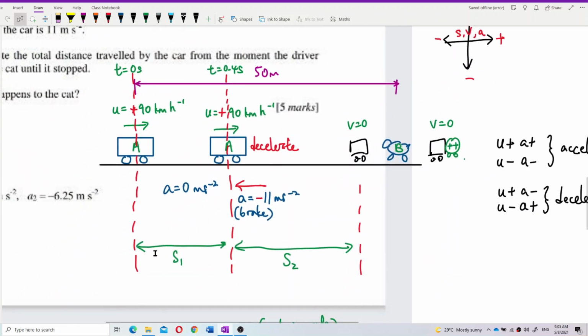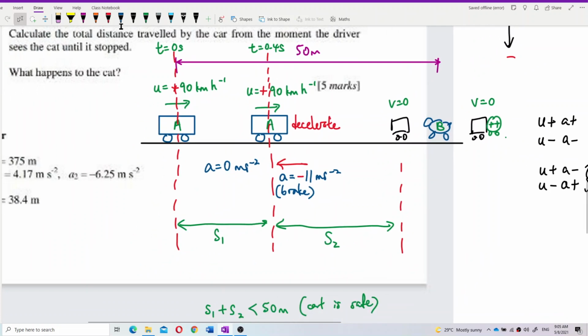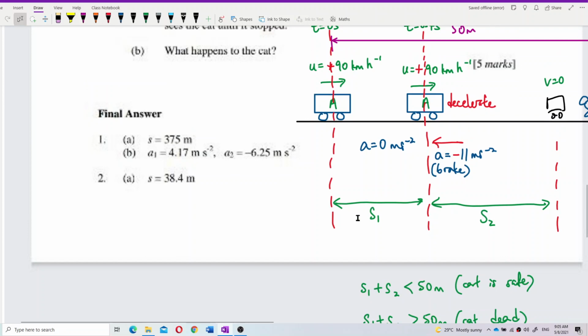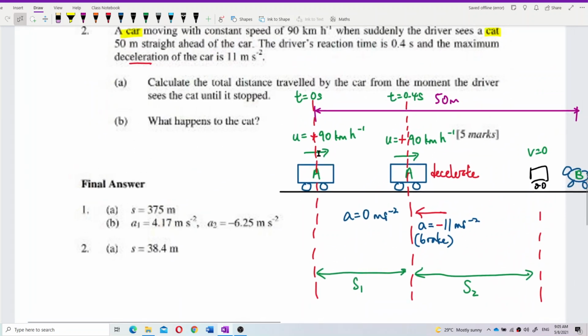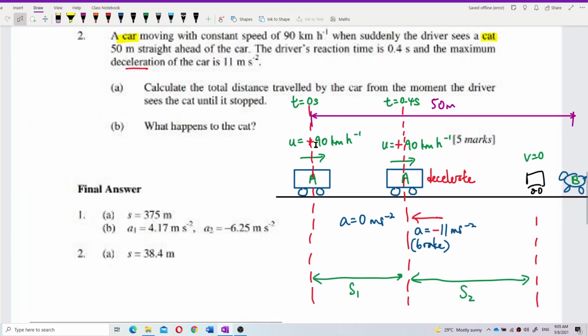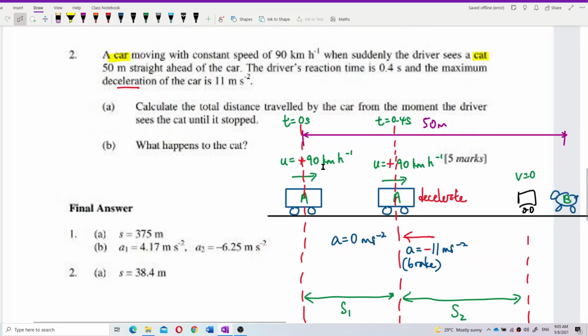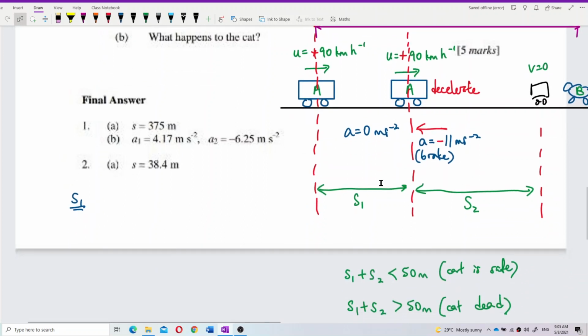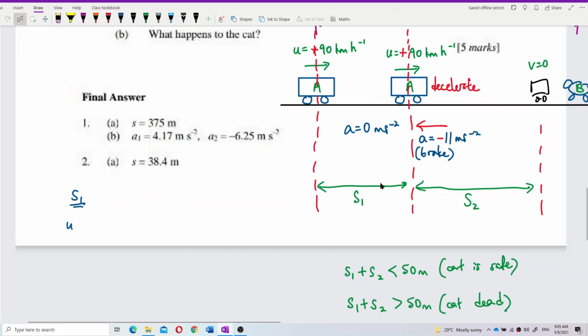So let's talk about S1. How to find S1? First of all, we need to convert the velocity into meter per second because it is not in SI unit. First of all, we need the velocity in SI unit. 90 km per hour.